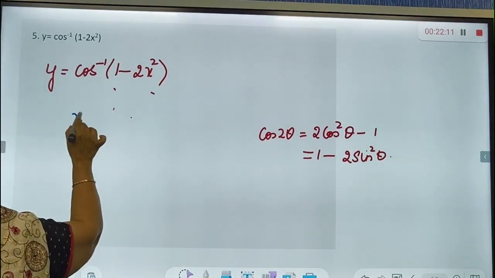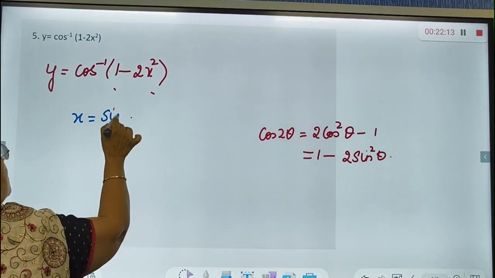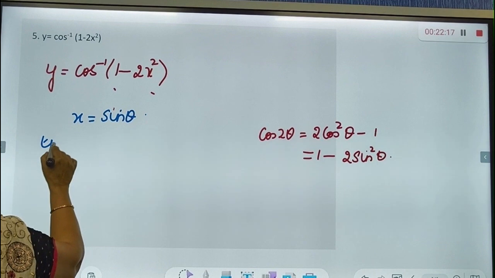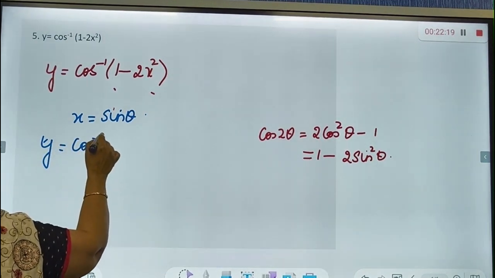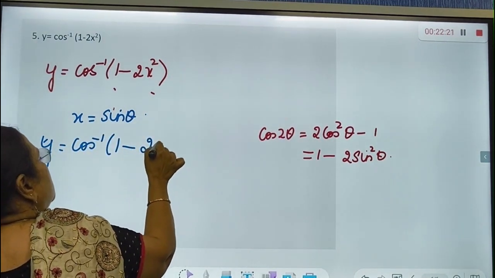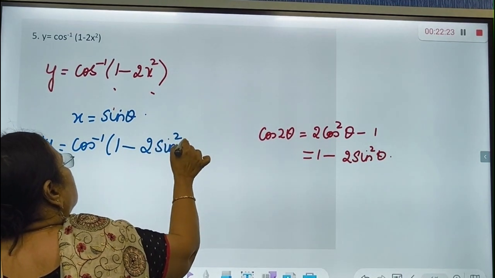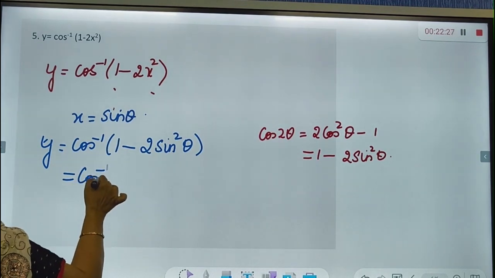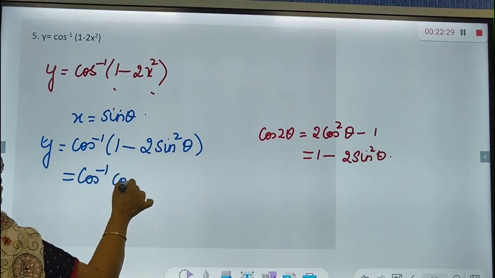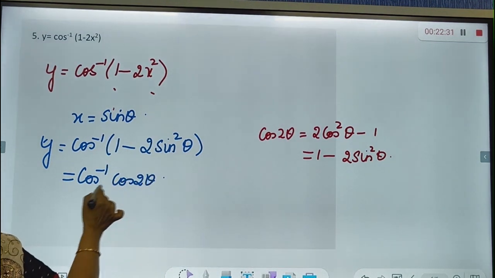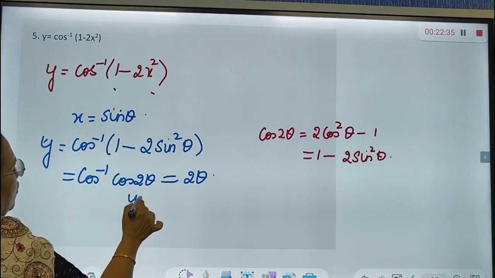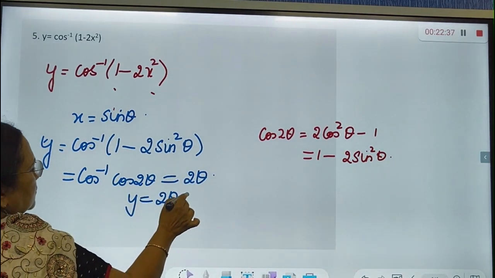So now I am going to write x equal to sine theta. Then y will be cos inverse of 1 minus 2 sine square theta, which is cos inverse of cos 2 theta, which is 2 theta. So y equals 2 theta.